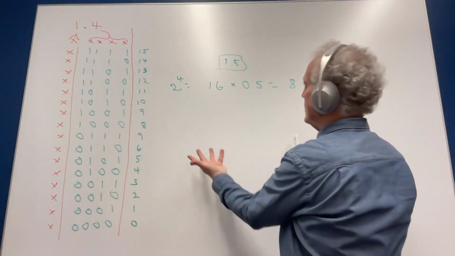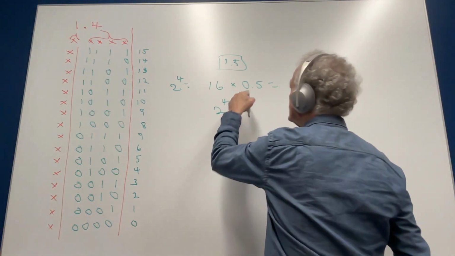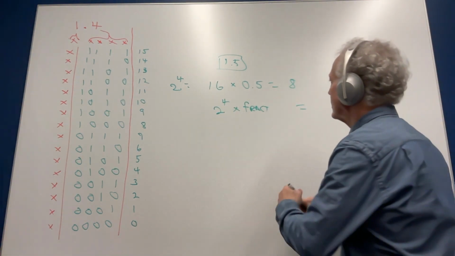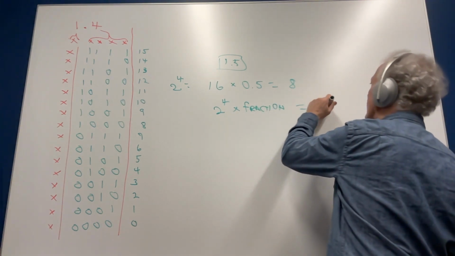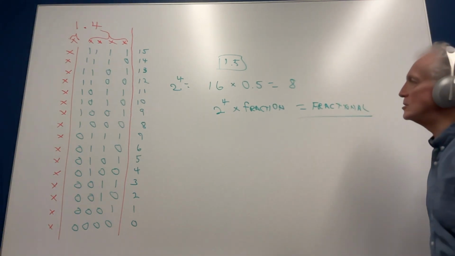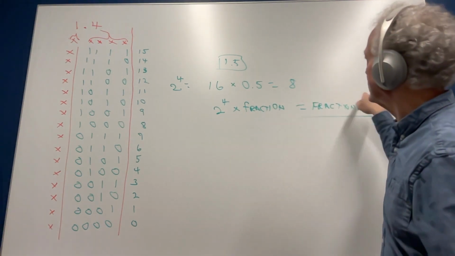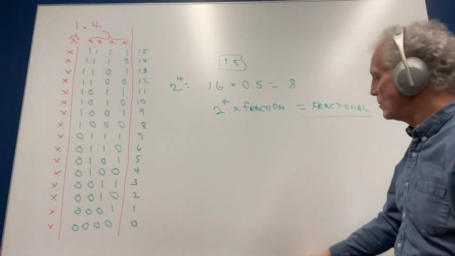So the formula for calculating is 2 to the 4 times the fraction, which will give us the fractional part for the number format.